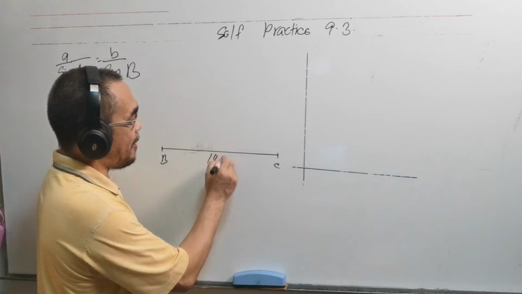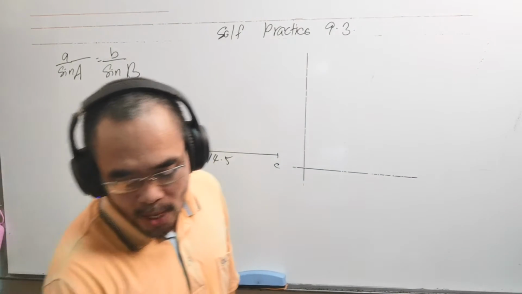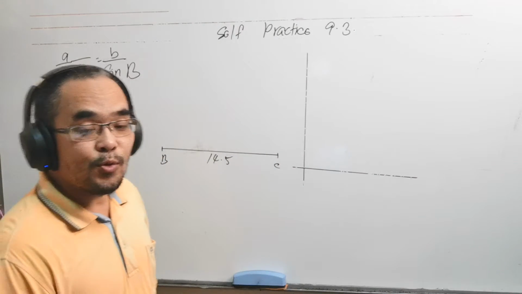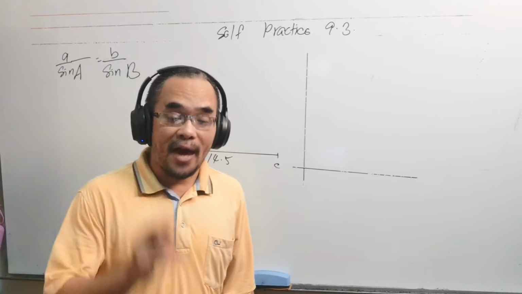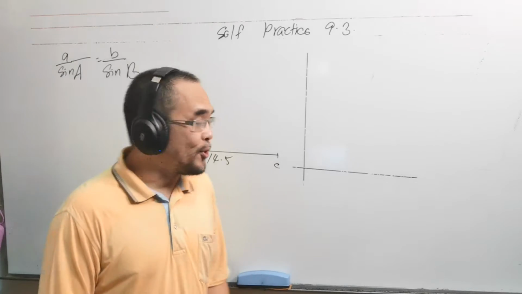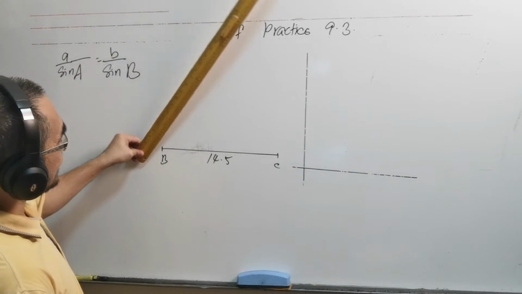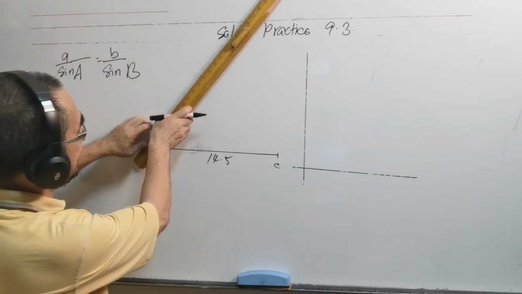Okay, 14.5. So then we have to draw angle B, which is 62.5. I do not know what the 62.5 is exactly, because I'm not using a protractor, but this is 90, so I estimate that is about 60 degrees.